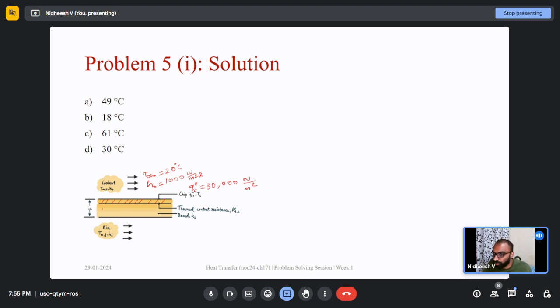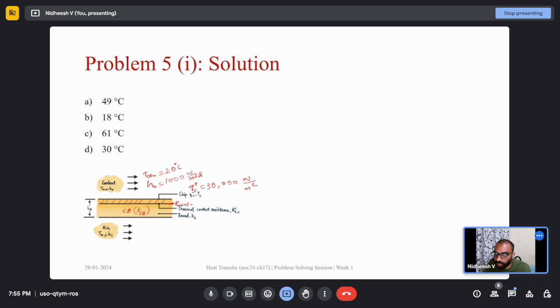Also, this chip is attached to a circuit board, which has a specific thermal conductivity, and the interface between these two also has a contact resistance.